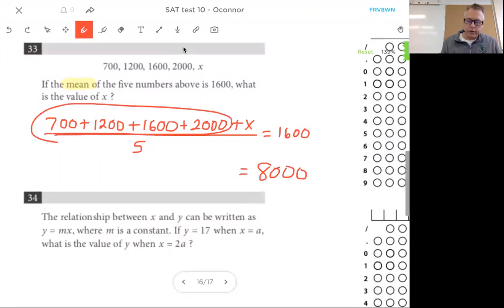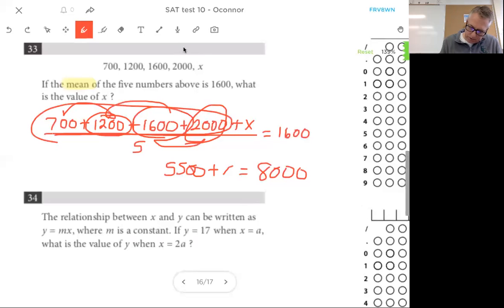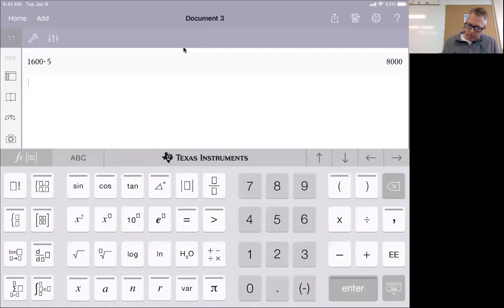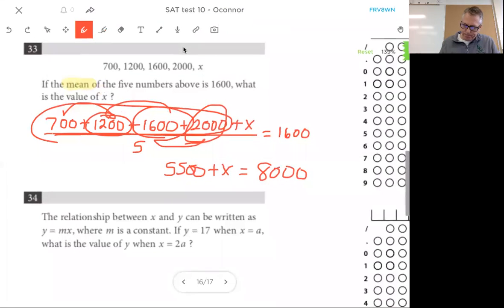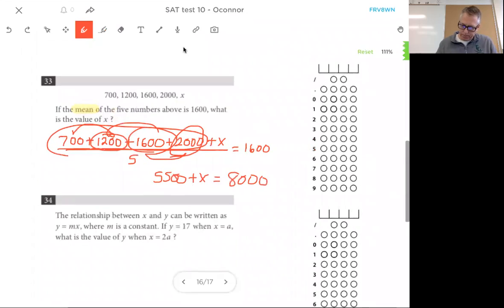We could use our calculator, of course, or 2000, that's 3600. That's 4800, and 7 would be 5500. So 5500 plus X. And then I just do my 8,000 minus 5,500, and I get 2,500. Okay?